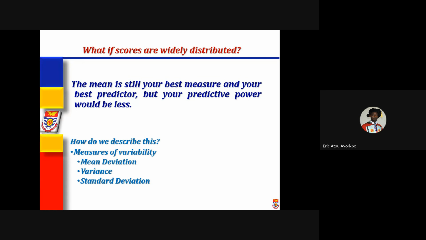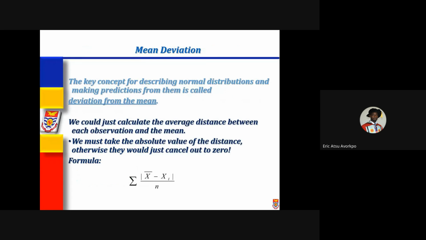Now, how do we describe this? The measures of variability are very key: the mean deviation, the variance, and the standard deviation. Now, the first of the dispersion measures is the mean deviation. This is also a key concept for describing normal distributions and for making predictions from them.